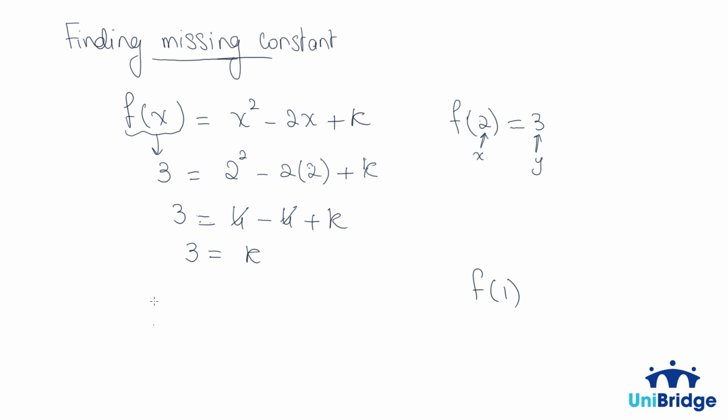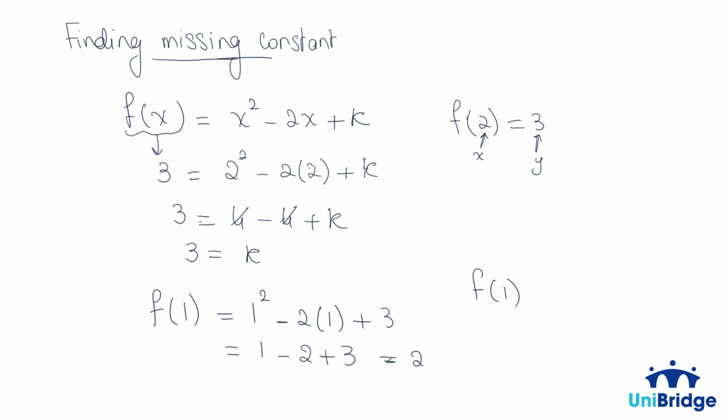So f of 1 in this case is going to be: you remove x and you plug in 1, and you add the k, which in this case is 3. So this is going to be 1 minus 2 plus 3, which is negative 1 plus 3, equal to 2.